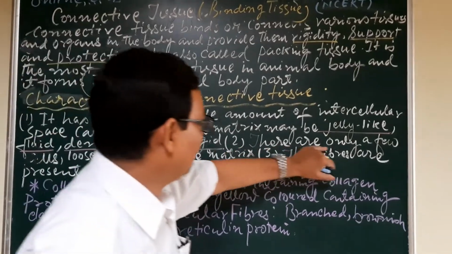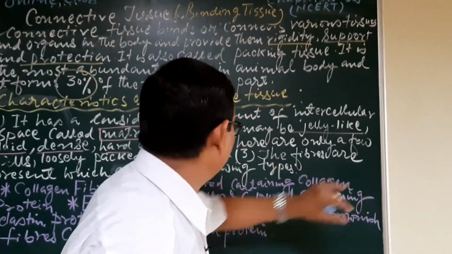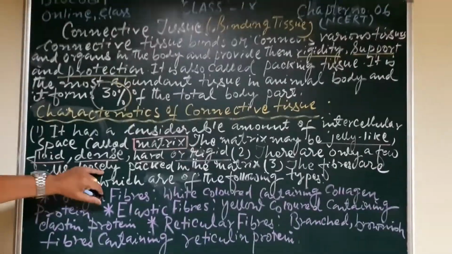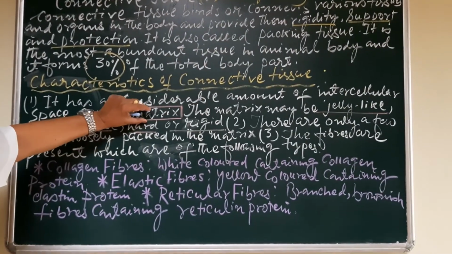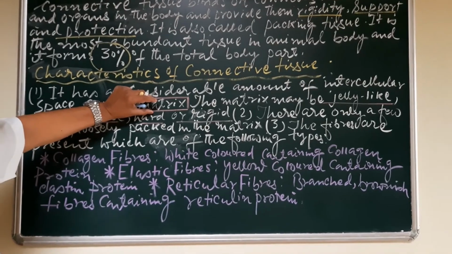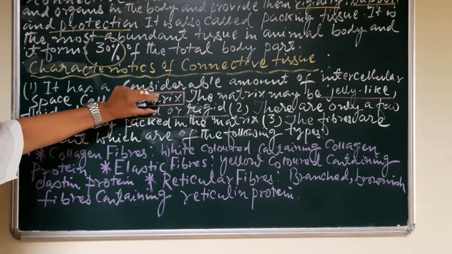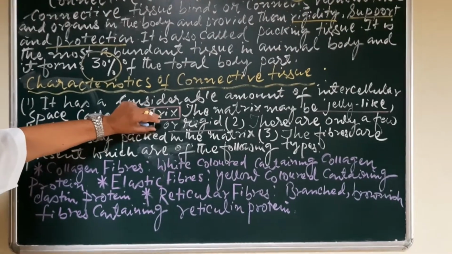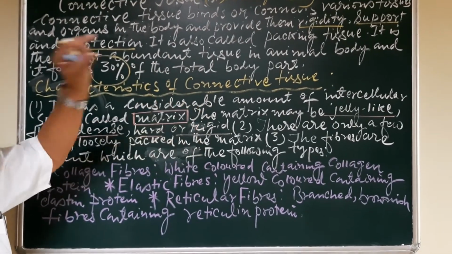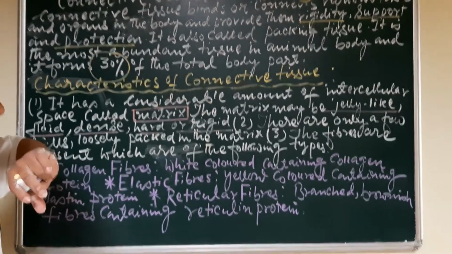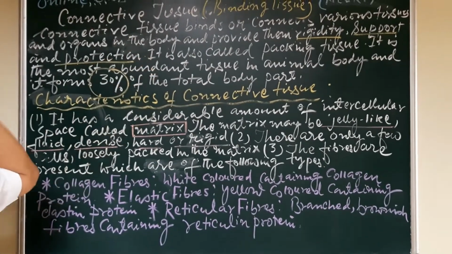There are only a few cells loosely packed in the matrix. That means the matrix is the part of the connective tissue where the cells are scattered, embedded, or packed. This is the fact.